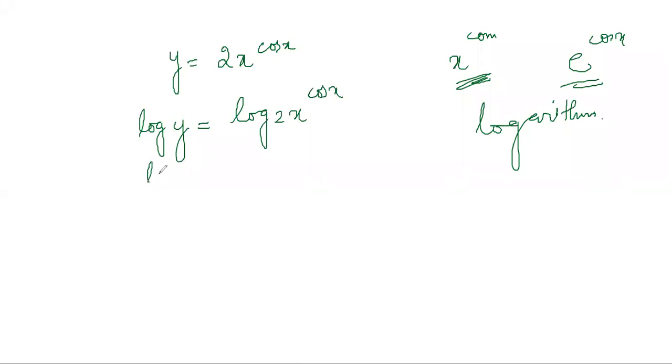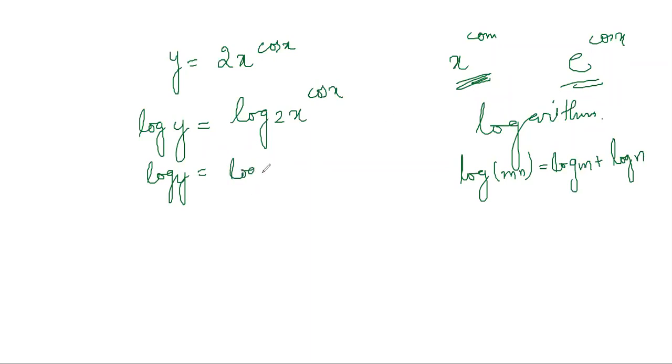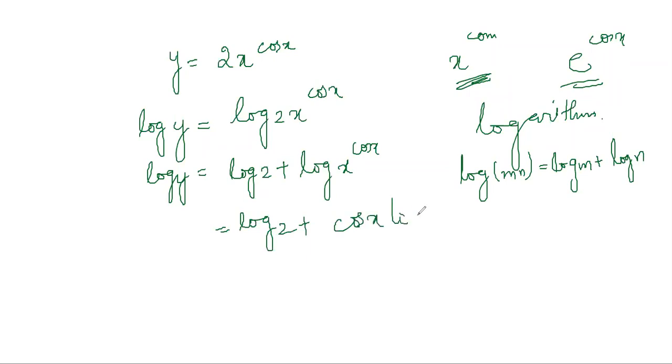Now this is nothing but log of mn, which is log m plus log n. So this becomes log 2 plus log x raised to cos x, again log 2 plus cos x log x. Is this much clear?